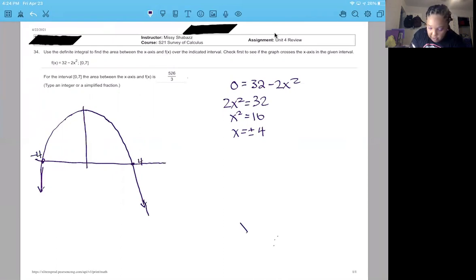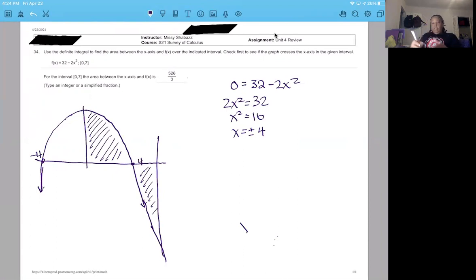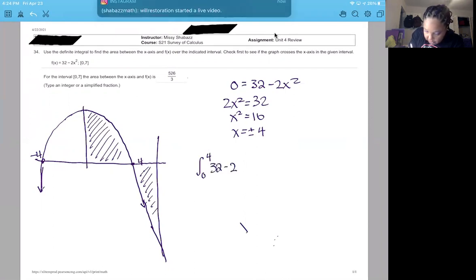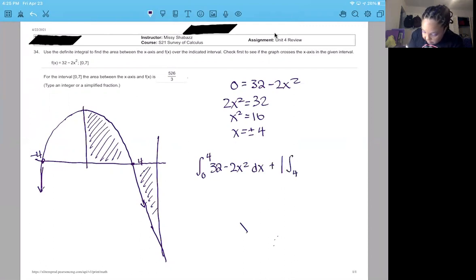So that means part of this is going to be below the x-axis. So I want to find the total area of this region and this region. Now the integral is going to give me something negative for below the x-axis, so I'm going to have to take the absolute value of it. So above the x-axis is between 0 and 4 of 32 minus 2x squared, then plus the absolute value from 4 to 7.